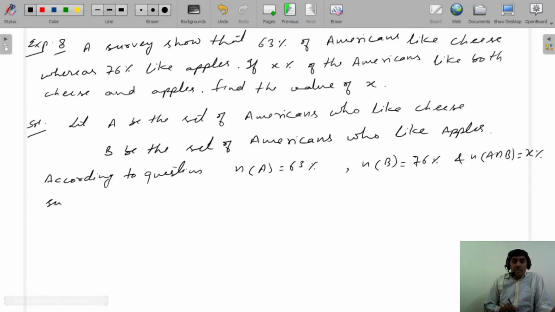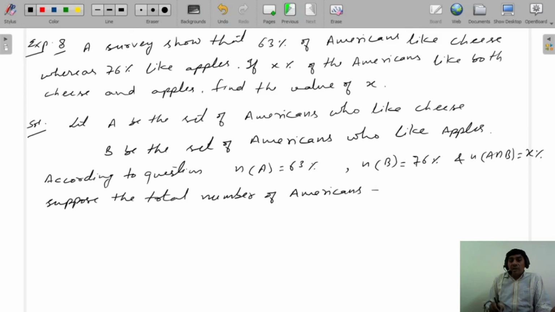Suppose the total number of Americans is equal to 100. We assume that there are 100 Americans. Then n of A, Americans who like cheese, is 63. n of B, Americans who like apple, is 76.